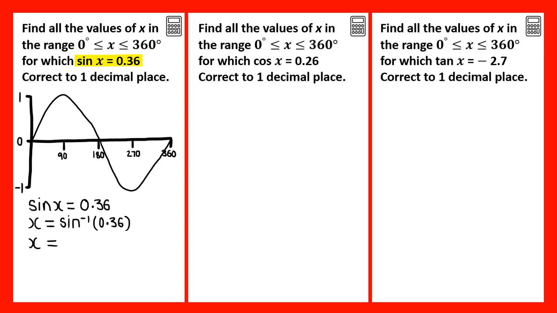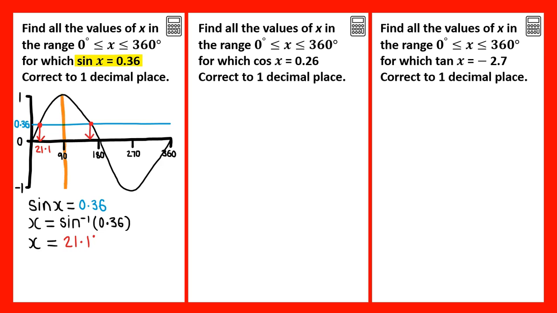Using my calculator, I get a solution of 21.1 degrees, but this is not the only solution. Drawing a horizontal line across to represent y equals 0.36, I can see that there is more than one solution within this range. The principal value my calculator has provided me is this one here of 21.1. There is another value this side of 180 degrees.